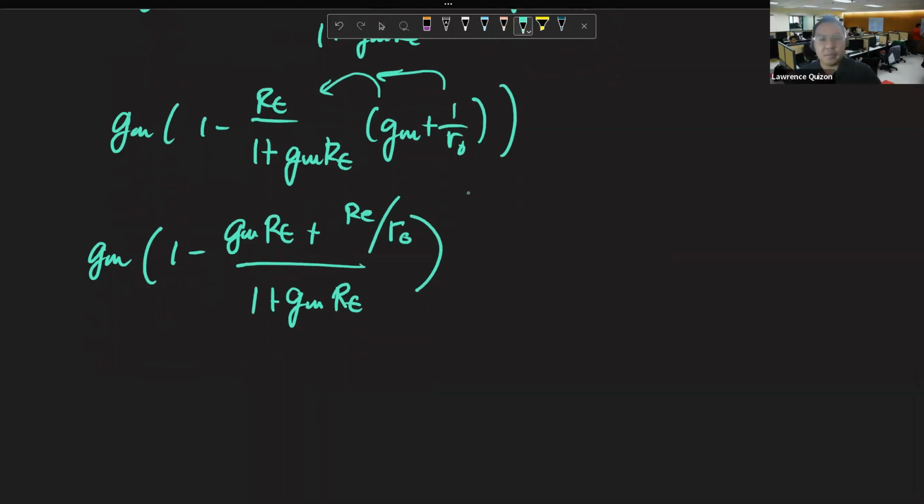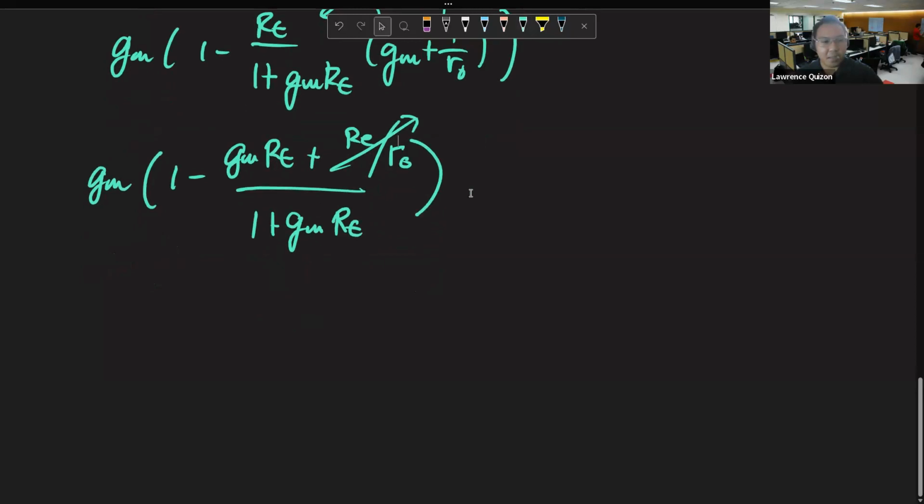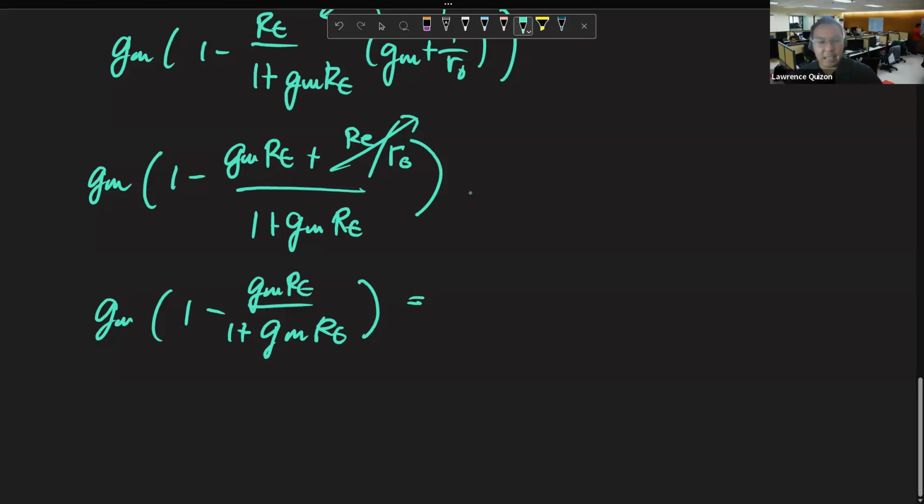So ito, tanggal din yan, di ba? And so what we get is 1 minus GM RE over GM over 1 plus GM RE, no? And this form, no, 1 over X over 1 plus X becomes, well, okay, show na, no? So if this is X, this is 1 plus X over 1 plus X, then it becomes just 1 over 1 plus X, no?